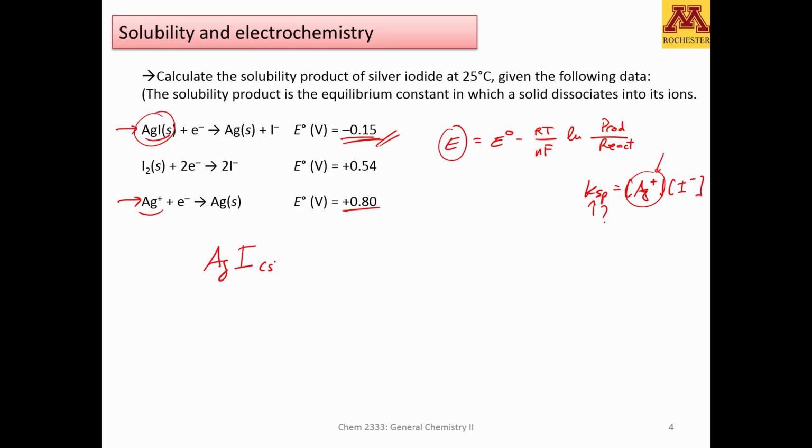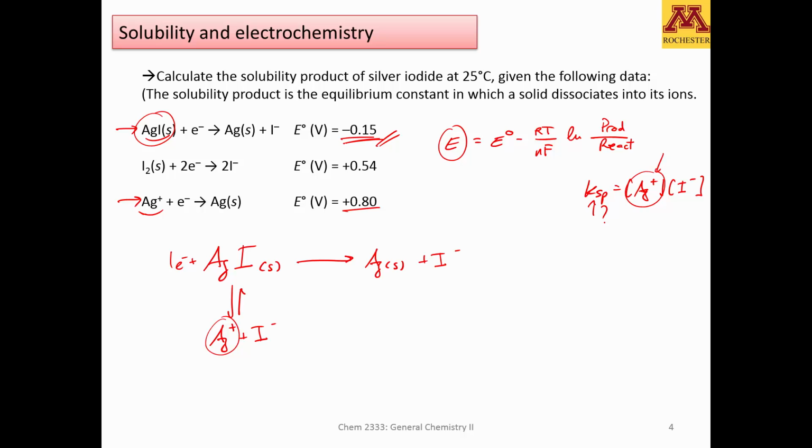Solid silver iodide is in equilibrium with the ions, and let's say that this is a saturated solution. So when we write this reaction from left to right, and the iodide goes away, what you're actually reducing is not the solid, it's the little bit of silver that exists in solution with the solid.